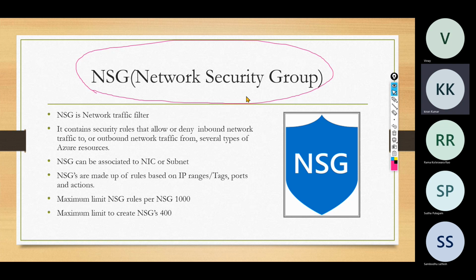For example, suppose we are using the web browser. In the web browser, by default for HTTP they have given port number 80. There's no need to provide port number 80 in the web browser. Nowadays most sites use HTTPS, 443.